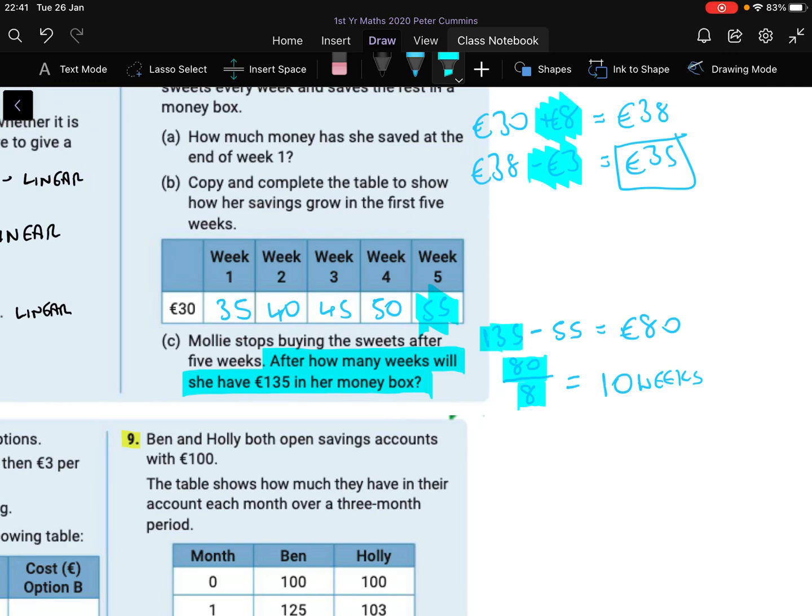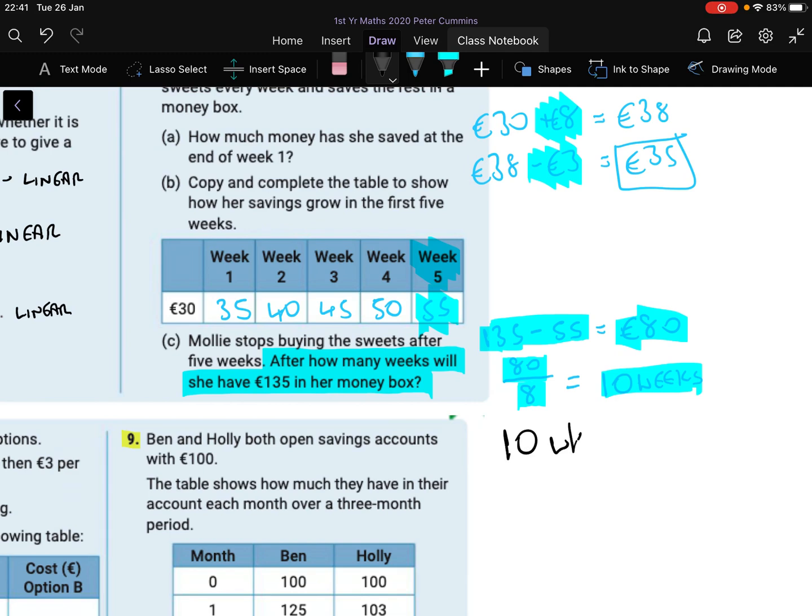We had 135 euros. We took away the 55 that was saved after the first 5 weeks. That gave us 80 euros. So the 10 weeks is how much longer it's going to take. Okay. So bear in mind, we've already done 5 weeks, so we have to finish it off. I was thinking that was a bit short.